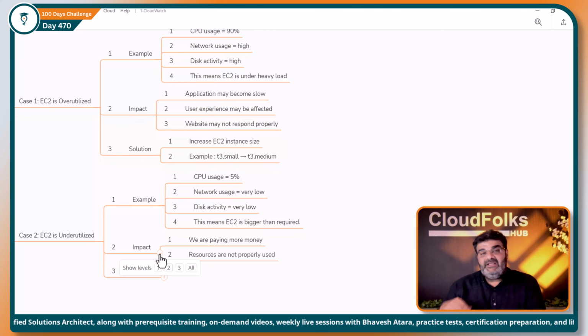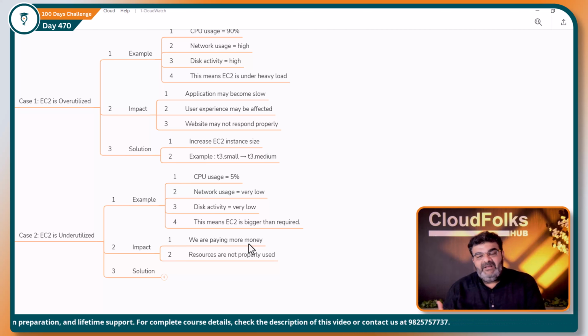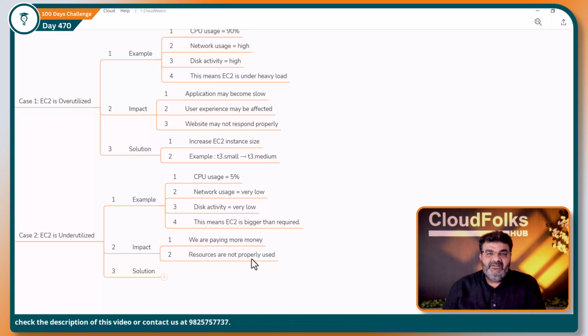So here the impacts are totally different. We are paying more money. We are not able to utilize our resources. We are just using 5% of our CPU. It means we are paying more money to AWS. Resources are not properly used. And we want to save money as well. So here the impact is totally different.